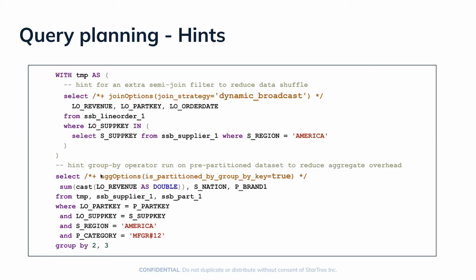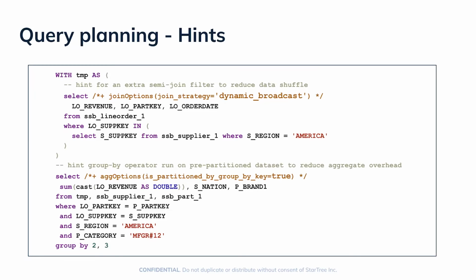Some of the other things I mentioned here are not a full set, but a lot of them you can look up in the Pinot official doc. For example, you can say that the data is already pre-partitioned by the group by key. What you can do here is skip the computations for some of the more expensive operations and directly get to the final result. A slightly more nuanced example: let's say this is a count distinct.